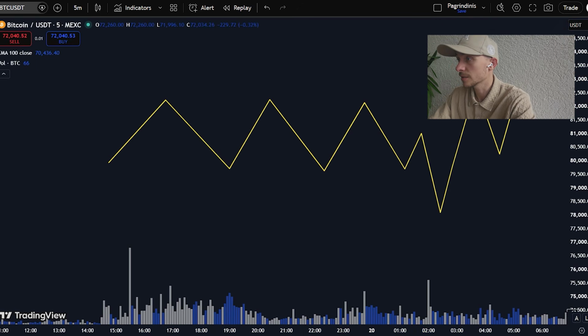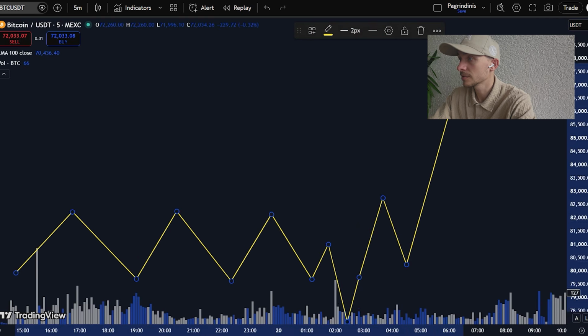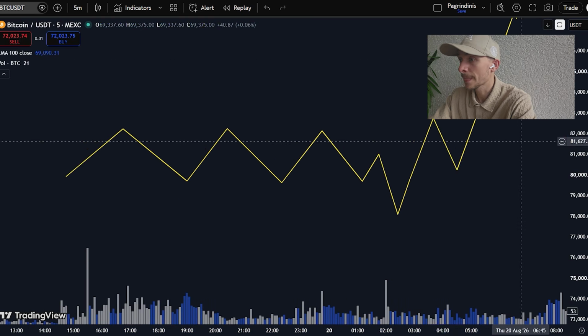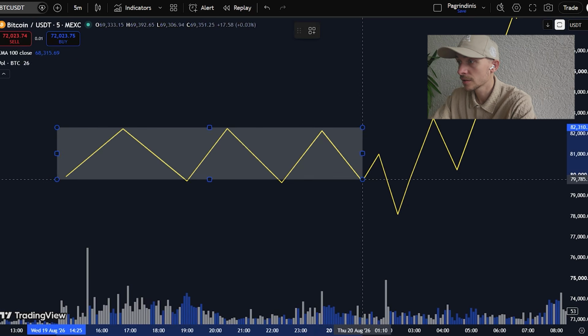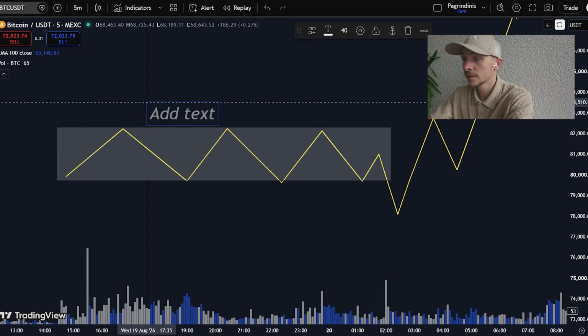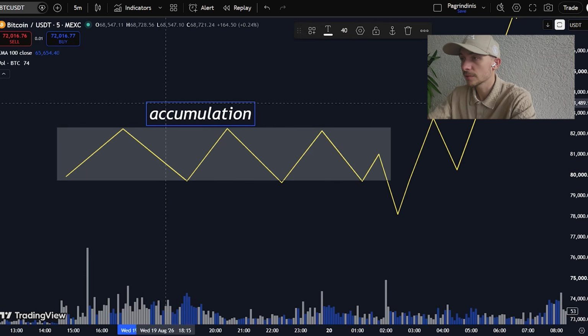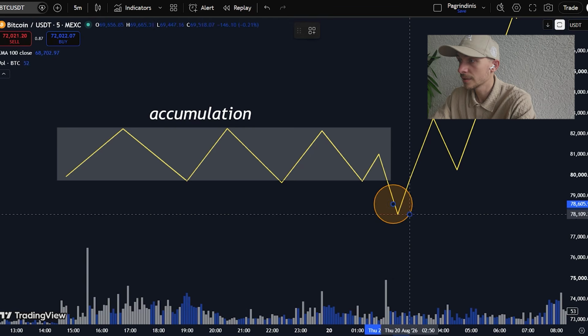You can try to draw it something like this, the huge movement up. So basically here in this range we have accumulation. Yeah, I can write it down. Accumulation, something like that. Here we have manipulation.